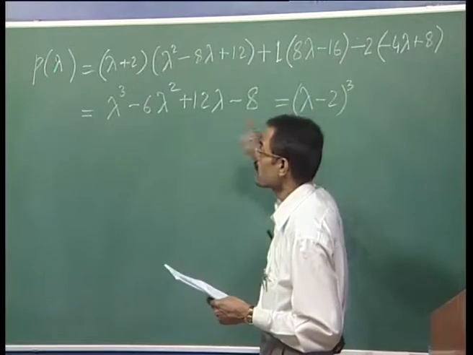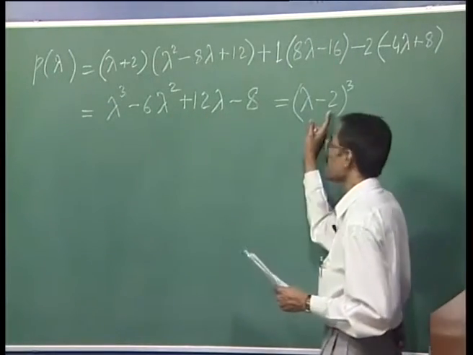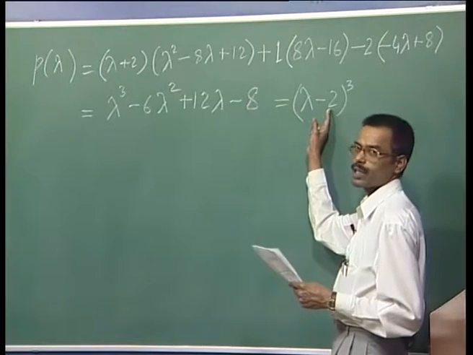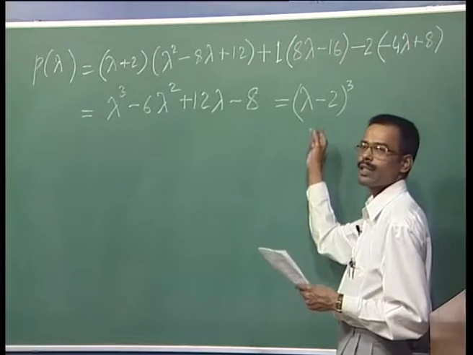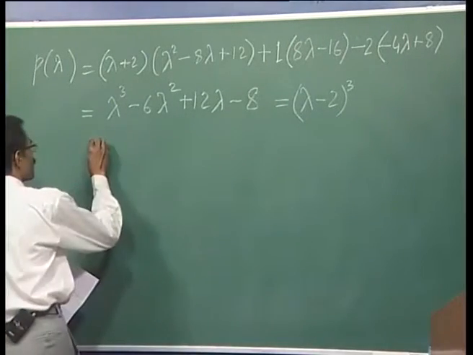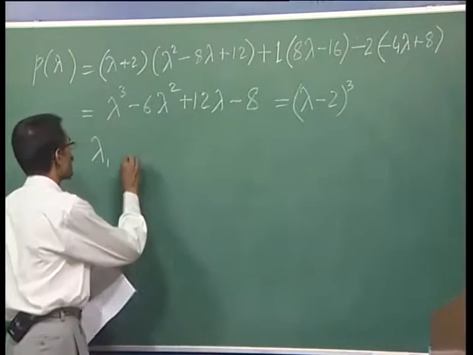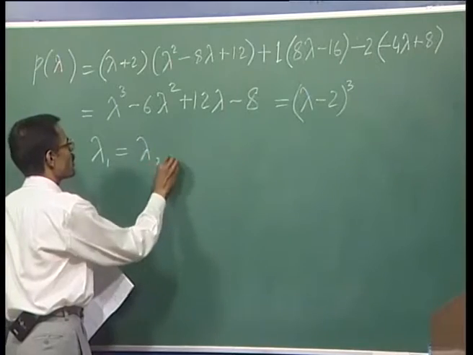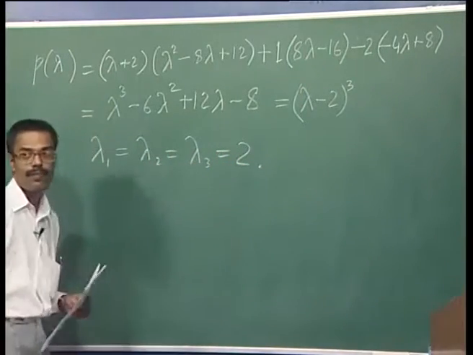This tells that the characteristic polynomial p lambda has 3 roots, which it must have, but in this case all 3 roots are coincident. That is, there is a single eigenvalue and that eigenvalue is 2. That means, a single eigenvalue appearing thrice. So, you have got lambda 1, lambda 2, lambda 3 all equal to 2. This is a very special case.